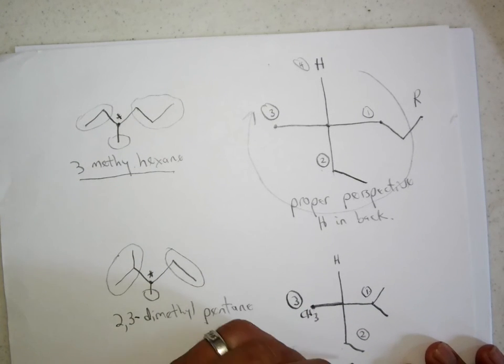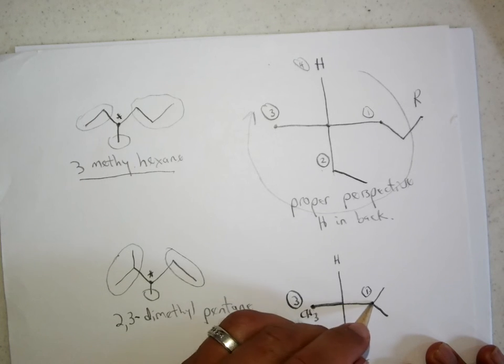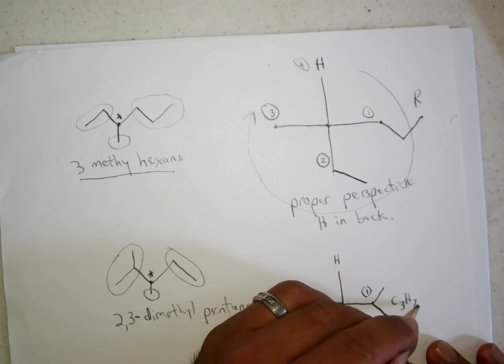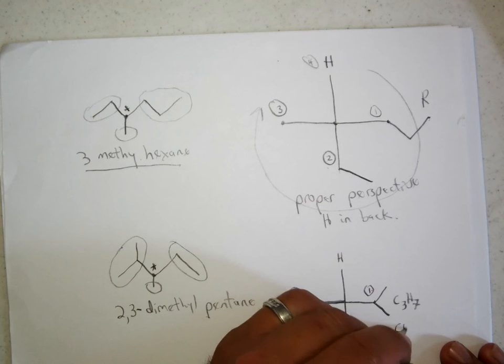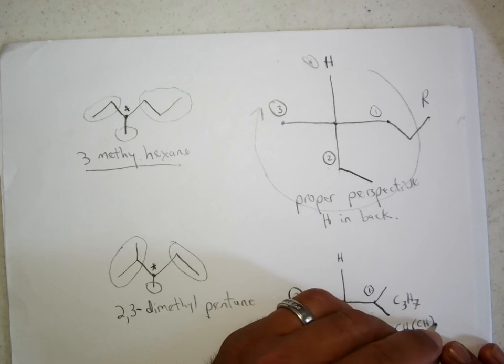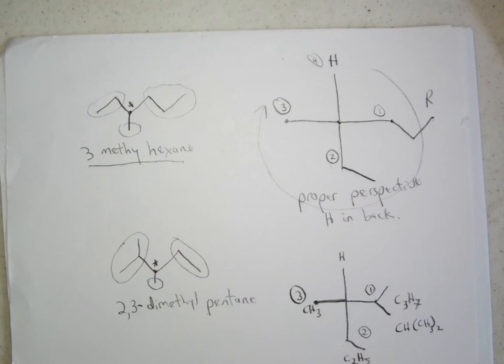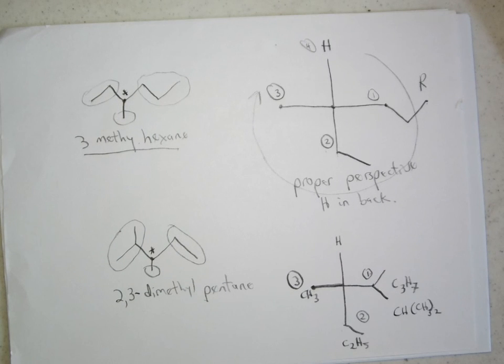For the ethyl, it would be C2H5, and for the isopropyl, you can write C3H7, or give it a little more structure as CH(CH3)2. And if you work these guys out, you'll see those are essentially the formulas for isopropyl, ethyl, and methyl. So there we go with a little bit of an answer. Fischer projections for chiral molecules that are isomers of heptane.